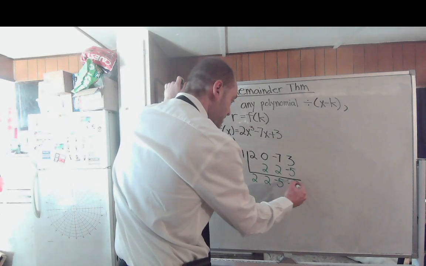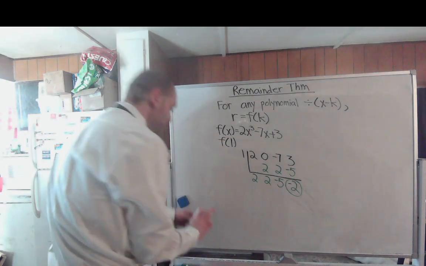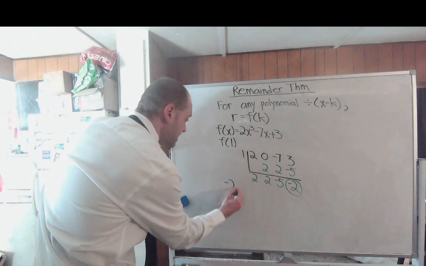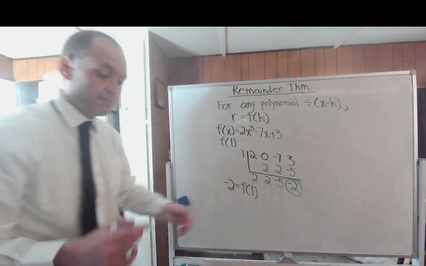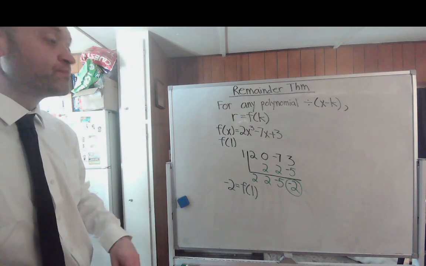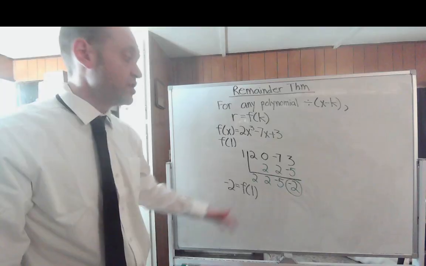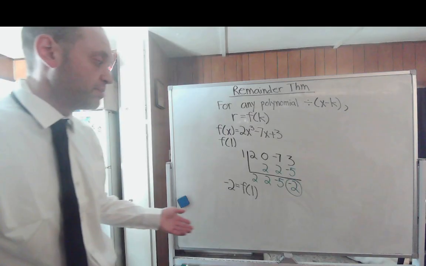So that's my remainder, which tells me via synthetic substitution that the remainder, which is negative 2, equals my f of 1. And we got the exact same thing with direct substitution. Sometimes synthetic substitution actually is better because then you don't have to worry about powers and making mistakes expanding everything to a power.